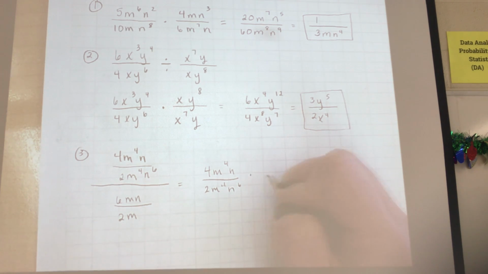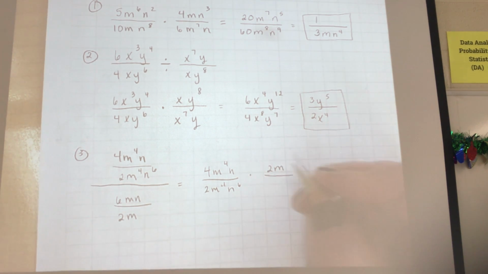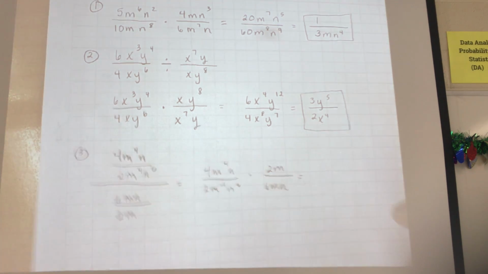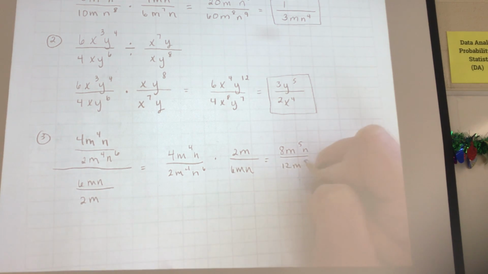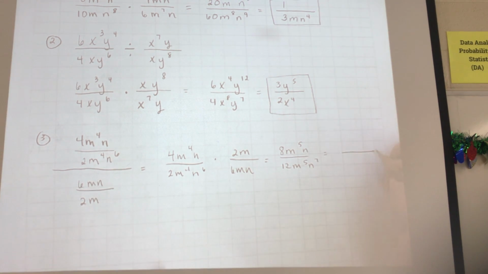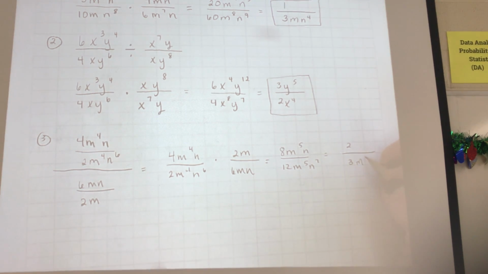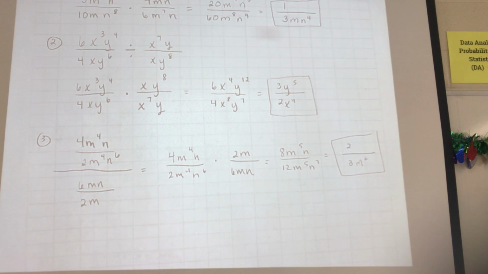And I multiply by the reciprocal of the fraction that's in the denominator. And so, just as before, we can multiply straight across. And then simplify our answer. Looks like the m's are gone completely. And there it is.